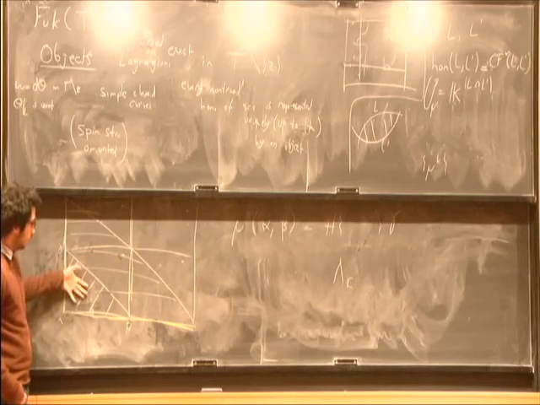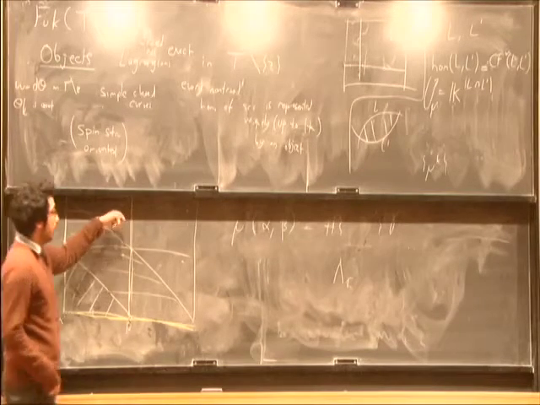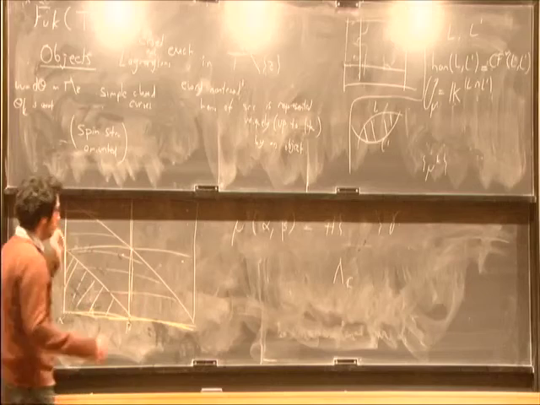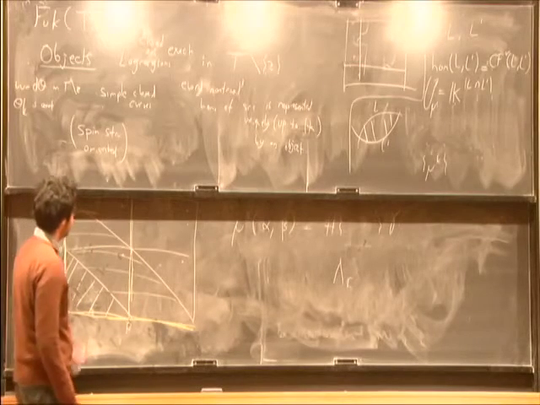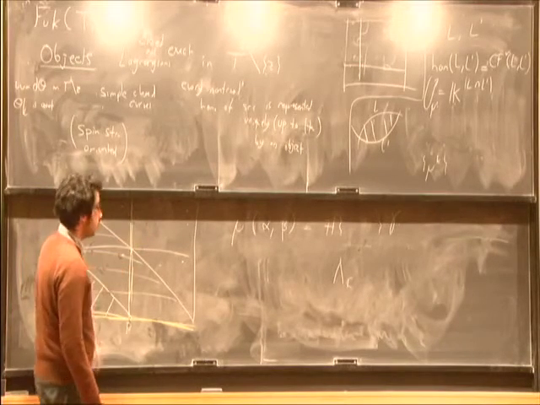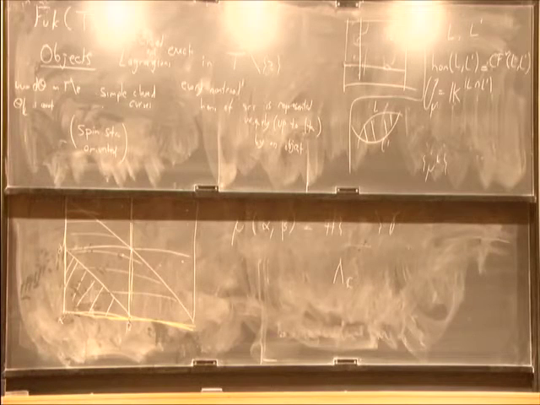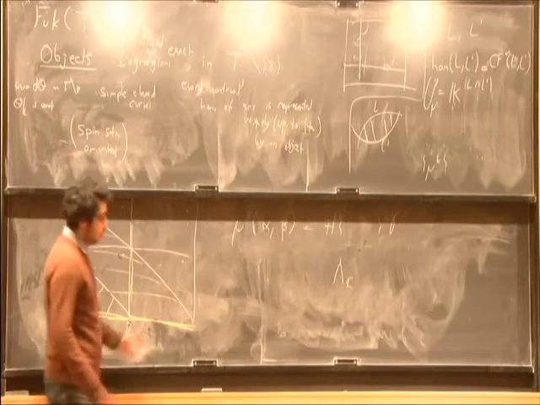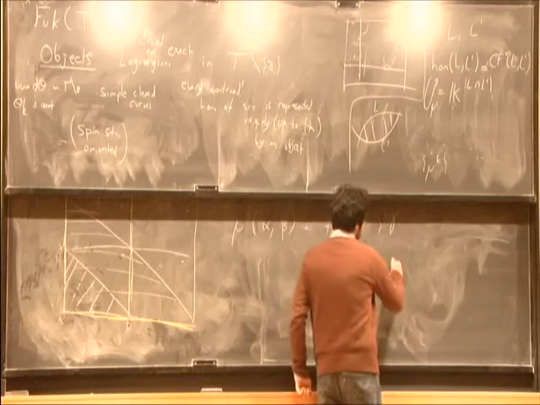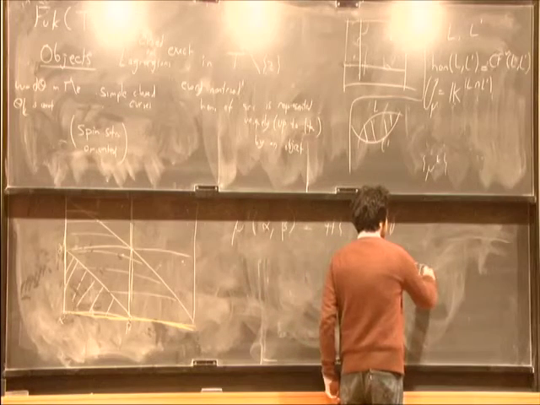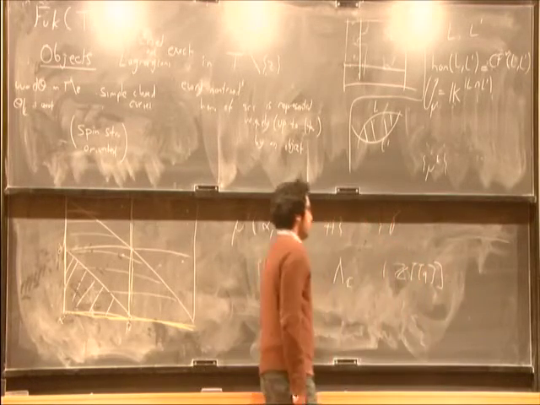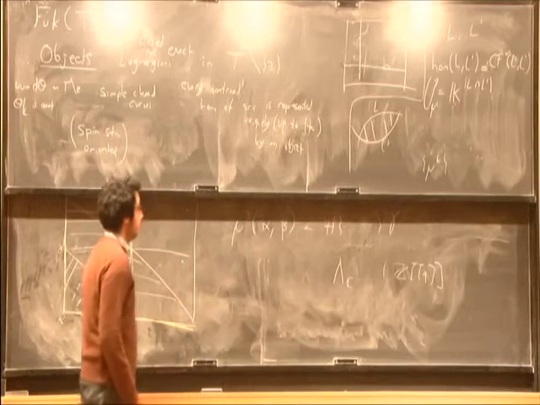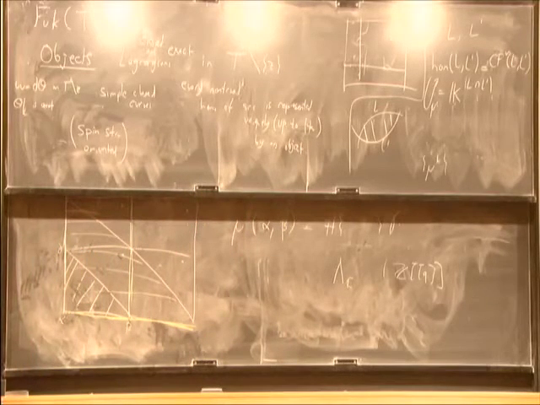So for example, this one has 0, this one has 1, and this bigger one will have, I don't know, 3 or 4 or something. Okay, so in that way, we have a well-defined category over Z adjoin Q. So, okay, this is the symplectic side. In the symplectic side, we can define the Fukaya category over this ring.